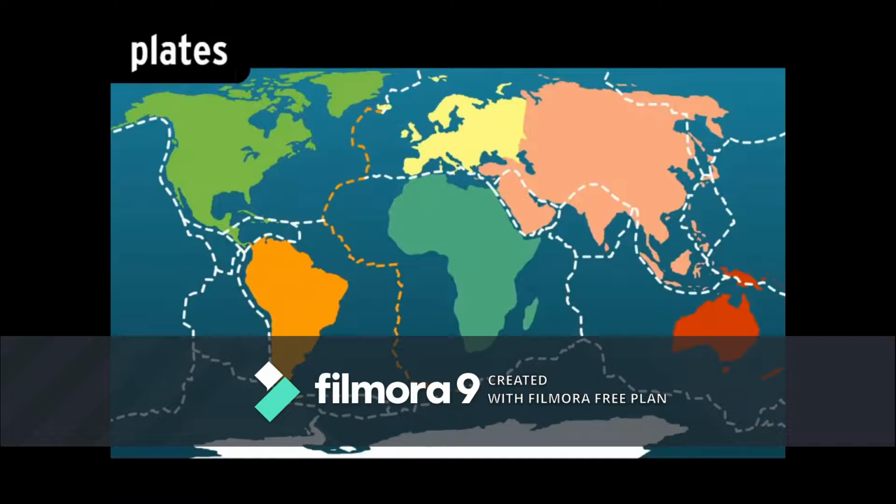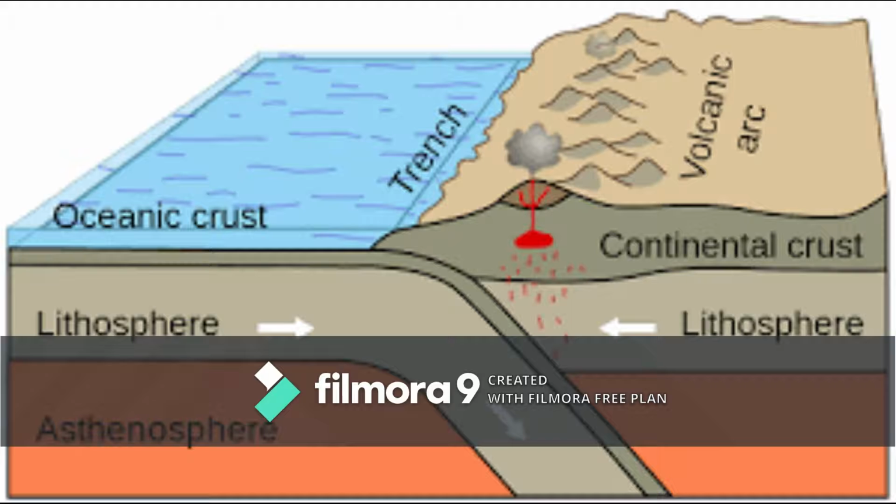This strong outer layer is called the lithosphere, which is 100 kilometers thick according to Encyclopedia Britannica. The lithosphere includes the crust and outer part of the mantle. Below the lithosphere is the asthenosphere, which is malleable or partially malleable, allowing the lithosphere to move around. How it moves around is an evolving idea.